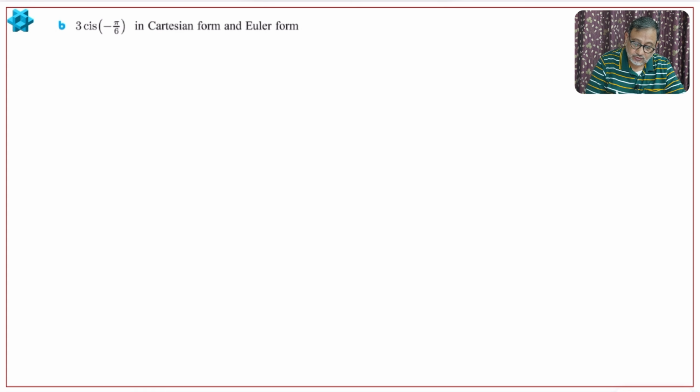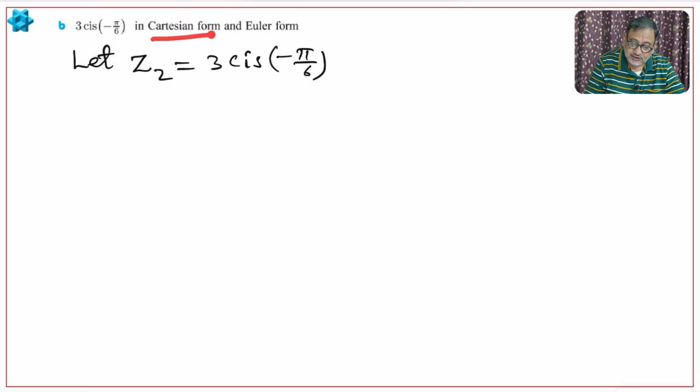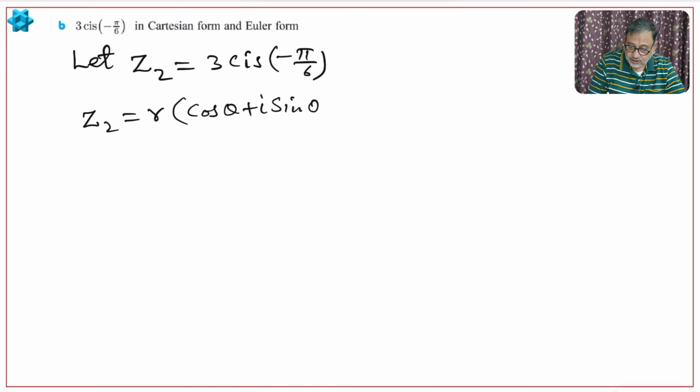So let z2 be 3 cis negative pi by 6. This we have to write in Cartesian form and in Euler form. Okay. So z2, we know that z2 is r into cos theta plus i sin theta, right, because we have the angle. R we already have, 3. So 3 cos of negative pi by 6 plus i into sine of negative pi by 6.